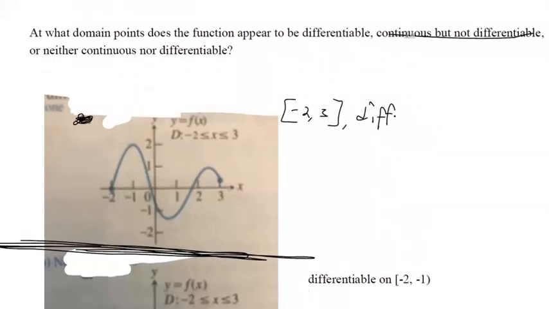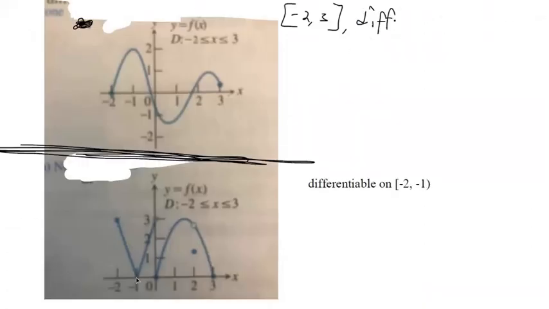So where is it continuous but not differentiable? We just found a spot. There's a solid dot, which means the limit from the left and the right are the same as the exact value here. The limit as x approaches -1 is the same as f of -1. You both get 0 from those. So it's continuous, but not differentiable at x equals -1.